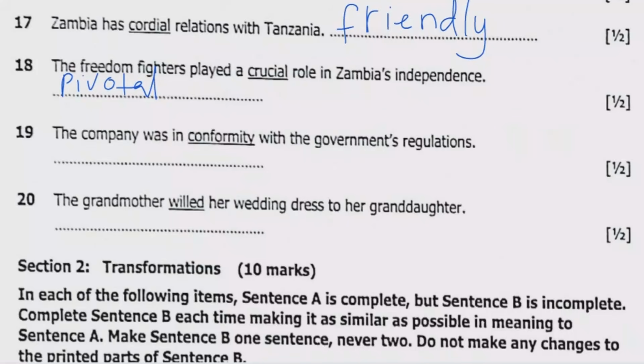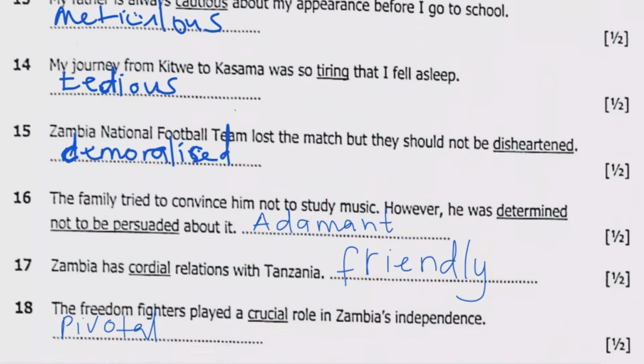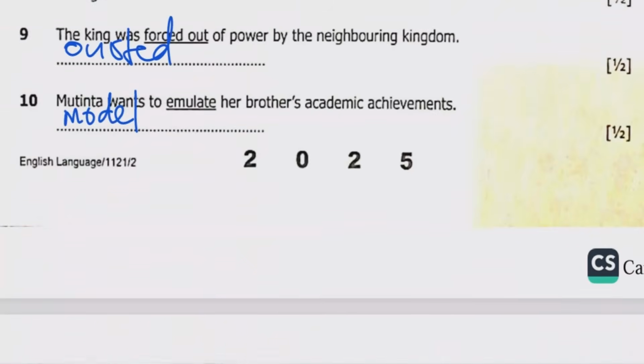We come to 19. The company was in conformity with the government regulation. So the word conformity, what does it imply? Conformity is like following the guidelines. So let's look for the word that tells us that somebody has been following the guidelines.